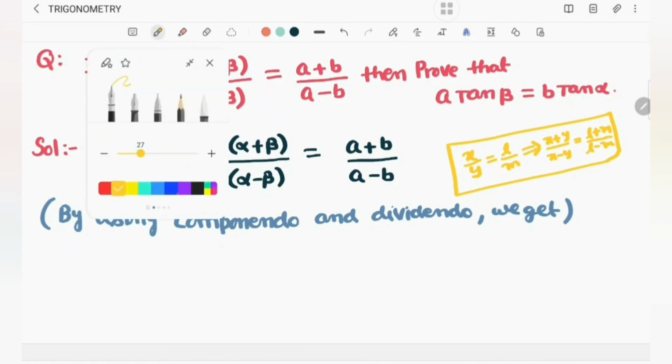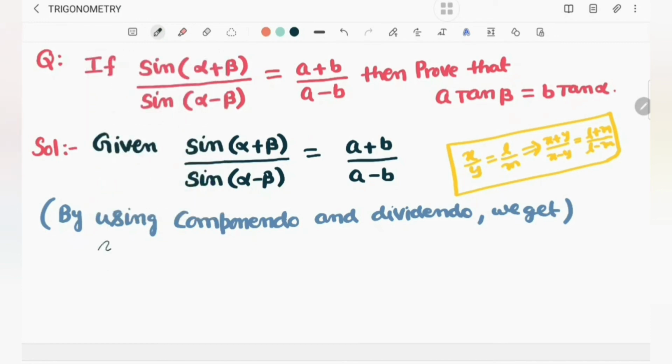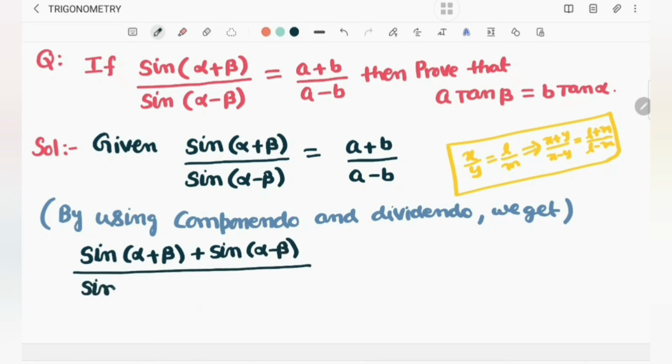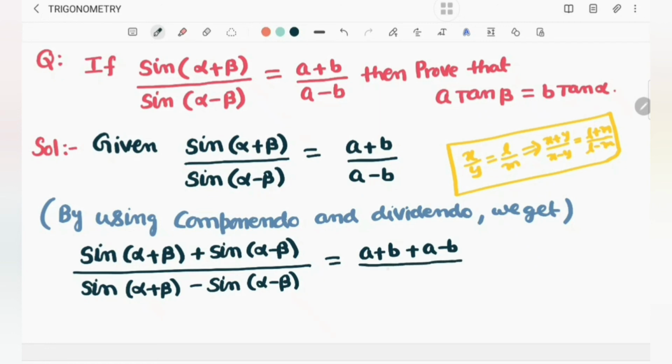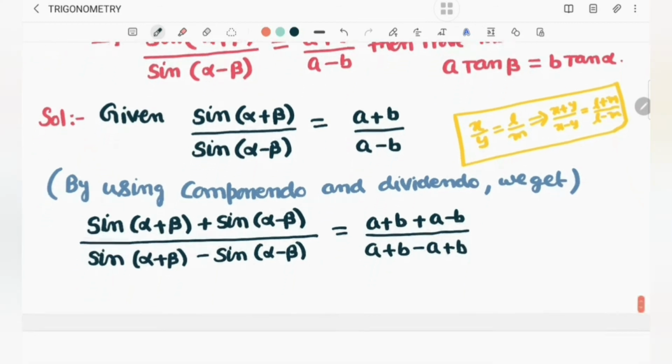So by using this, here also we will apply: sin of alpha plus beta plus sin of alpha minus beta, divided by sin of alpha plus beta minus sin of alpha minus beta, is equal to a plus b plus a minus b divided by a plus b minus a plus b, minus of minus plus.